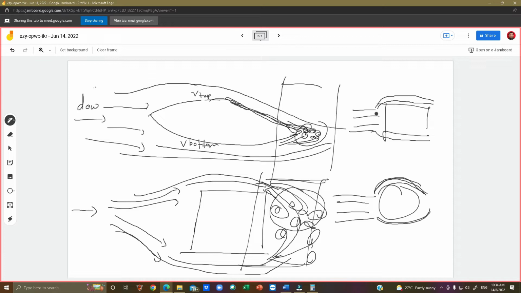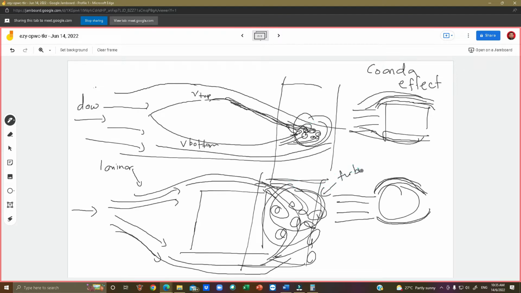Okay. So this capsuling or encapsulating effect is known as Coanda effect. Ni effect yang capsuling. Okay. Which resulting towards the front end of most of the object, you are going to have laminar flow, and towards the end, you are going to have turbulent flow.